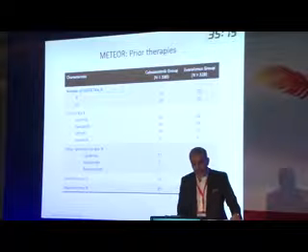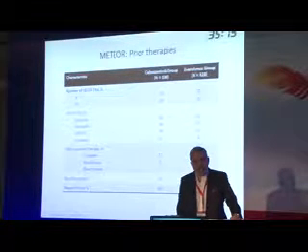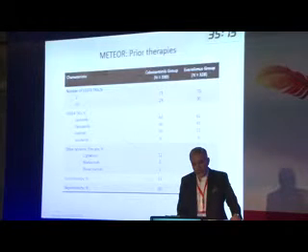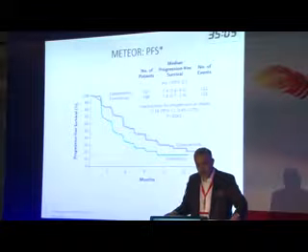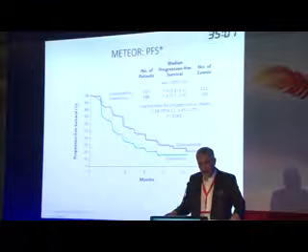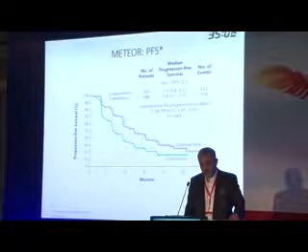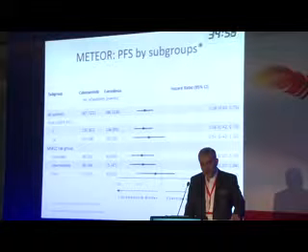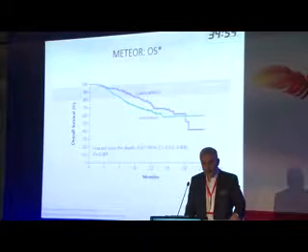The METEOR trial randomized patients, as second-line or third-line therapy, against everolimus, to see if we can improve the progression-free survival as the primary endpoint, or the overall survival as a secondary endpoint. And this was met, with an improvement from 3.8 to 7.4 months across all subgroup analyses, and it was associated with improvement in overall survival.